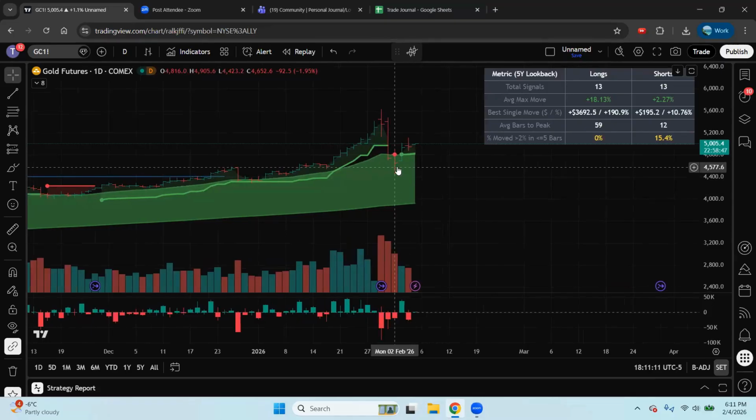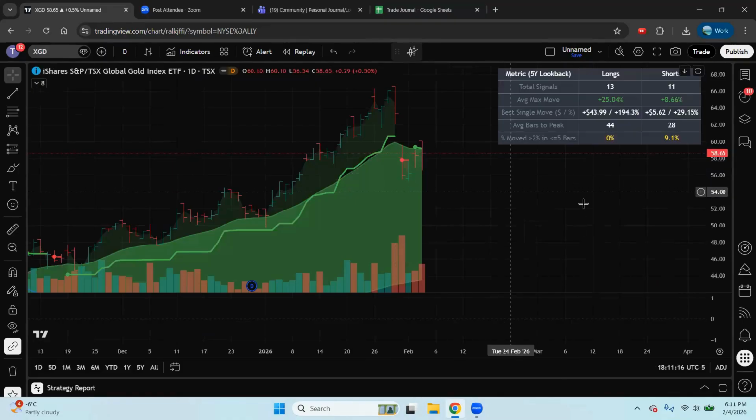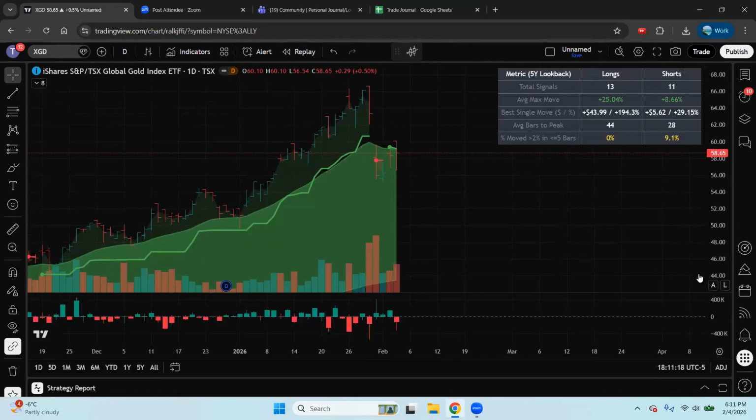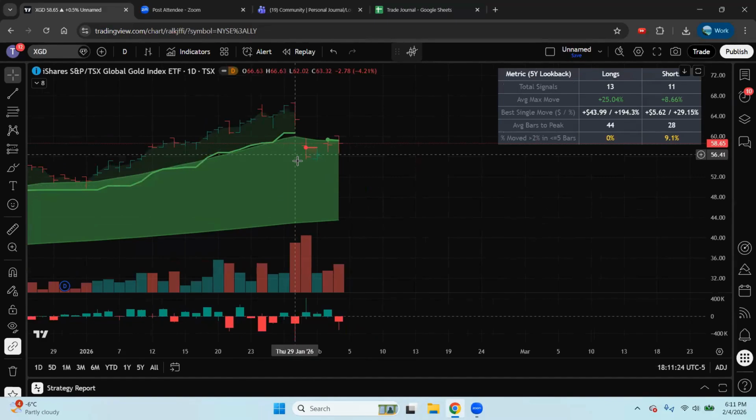So gold, as I'd mentioned, and let's go back to Friday where I noticed something that was interesting. When we had this sell-off here on XGD, which is the miners, so this was a pretty significant sell-off, about 12%. What I noticed here was that it seemed like the sellers weren't really overpowering the buyers.